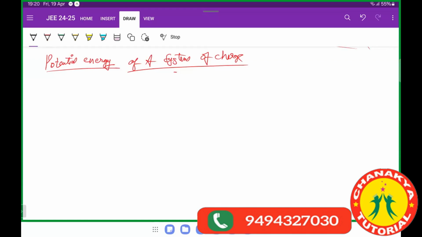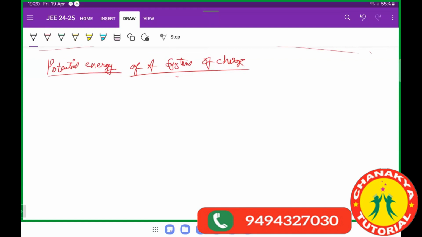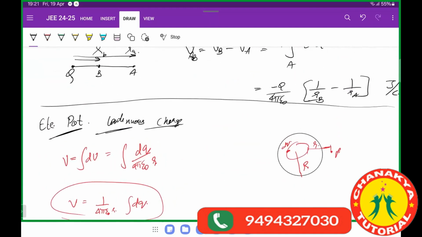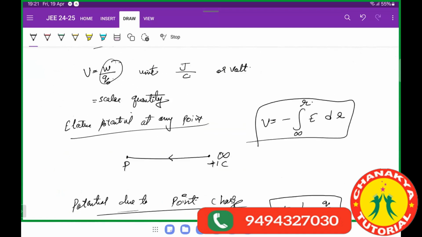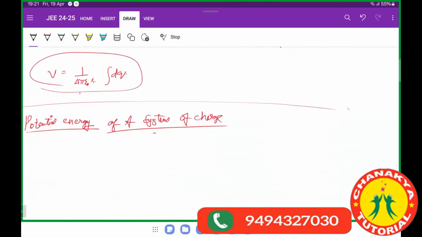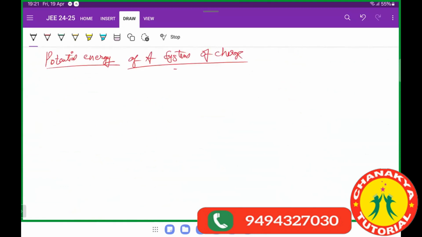So in this one, potential energy means how much work is done, that is, external work in short. We are just saying here work done to move a charge, but here potential energy means some external work required to move a charge from one point to another point, or moving between two different points.